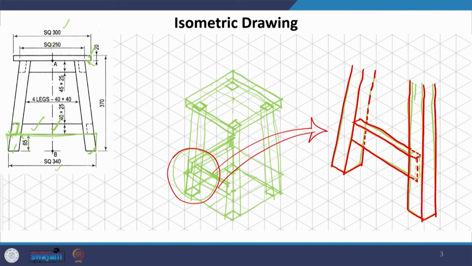This is again dotted. This is how you will actually see this portion and all others. So, for this part also you will see that if it comes and meets this, and then we will see this horizontal portion going out, and somewhere at the end we will actually be seeing this portion coming like this.